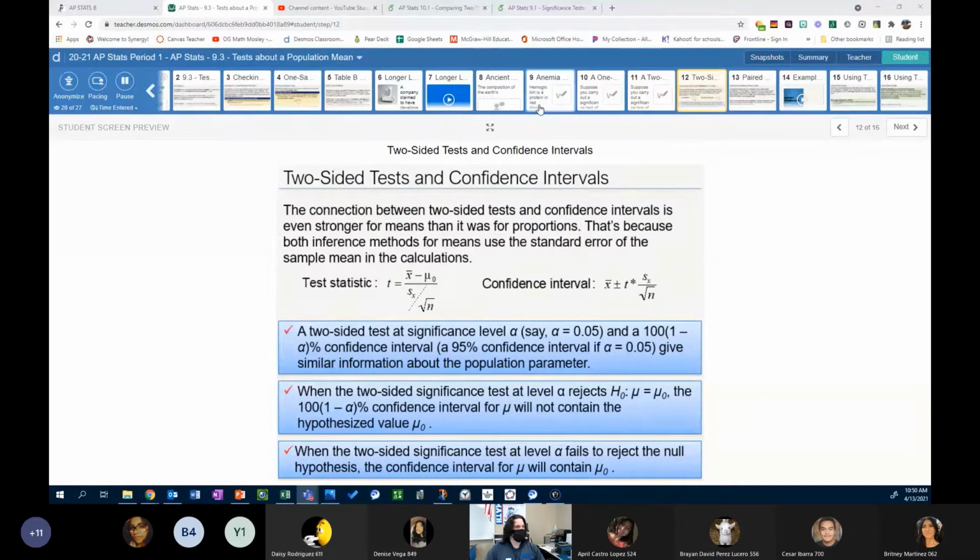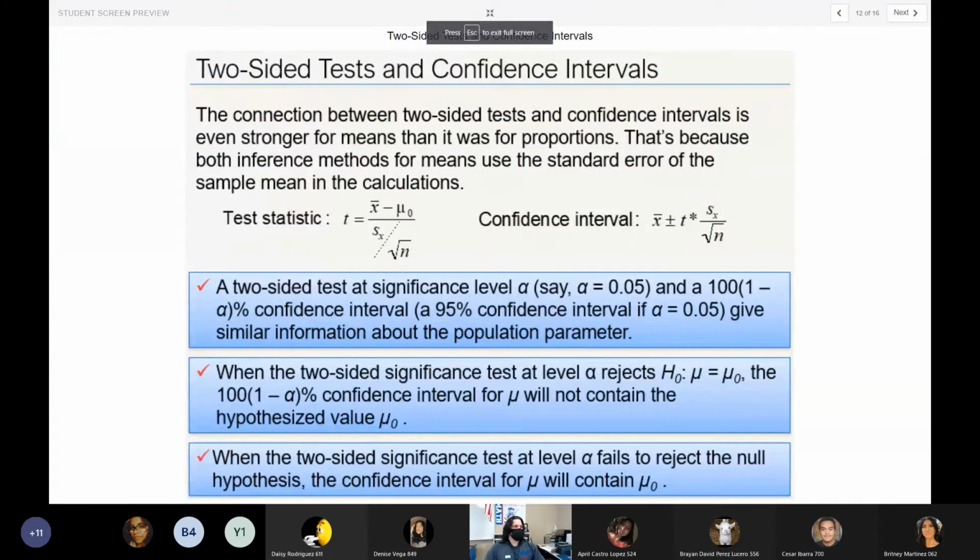All right, so two-sided tests and confidence intervals. This ties into the very last thing that we saw in class last week with our two-sided test. Two-sided tests and confidence intervals are connected quite strongly when we're dealing with means, more so than it was for proportions. And this is because both inference methods for means use the standard error of the sample mean in the calculations.